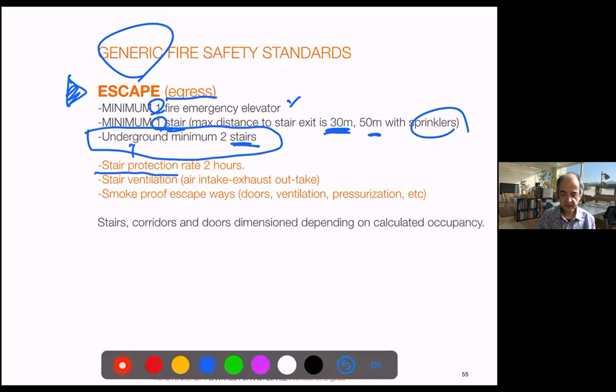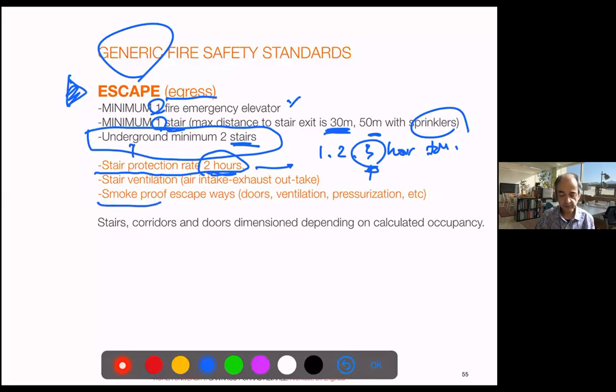The stair needs to resist at least 2 hours, depending on the size of the building, so you have time to escape, and the firemen have time to go up while the building will stand. Remember that in the structure we saw that we have 1, 2, and 3 hours stability. So if we want the building to stand 3 hours, we would need at least 3 hours of safety in the escapes, right? In the escapeways.